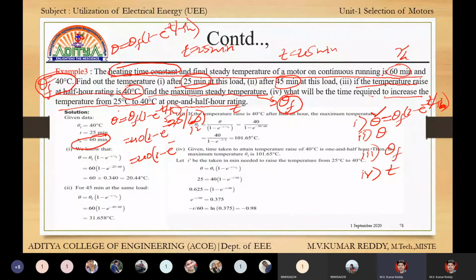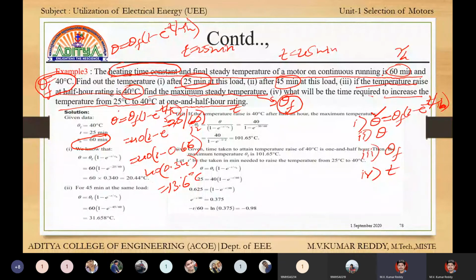Next, e power minus 0.4167, the inverse value, is 0.66. 1 minus 0.66 is 0.34. 0.34 into 40 is 13.6 degrees centigrade.